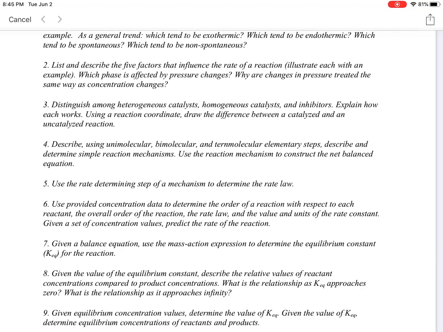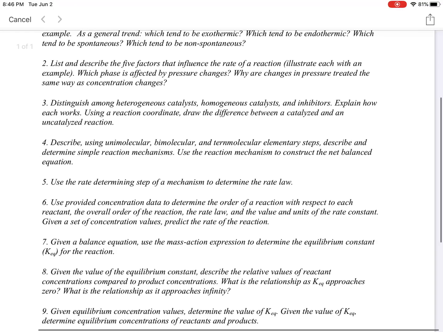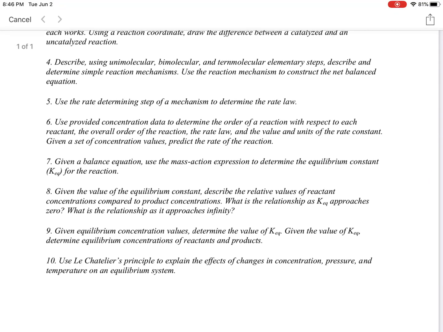Then the definitions and concepts of unimolecular, bimolecular, termolecular in terms of particle collisions, and recognizing them in the diagrams. Use the rate determining step of a mechanism to determine the rate law. Write a net balanced equation. We just did that.